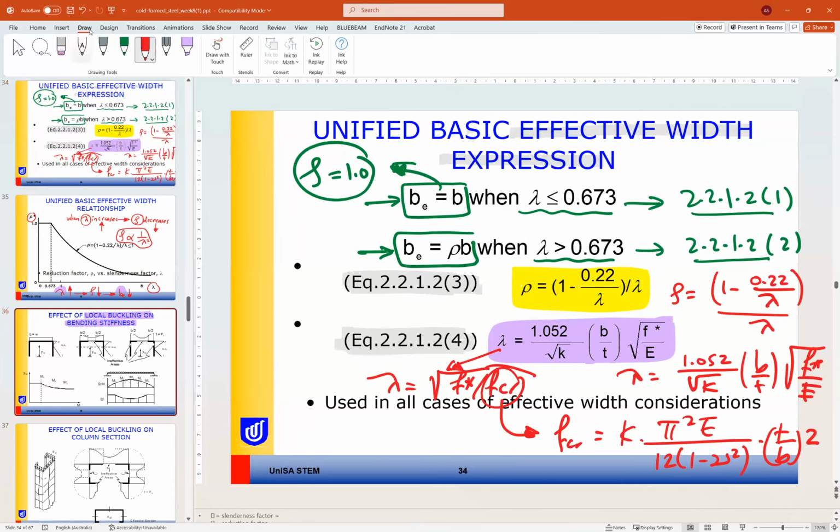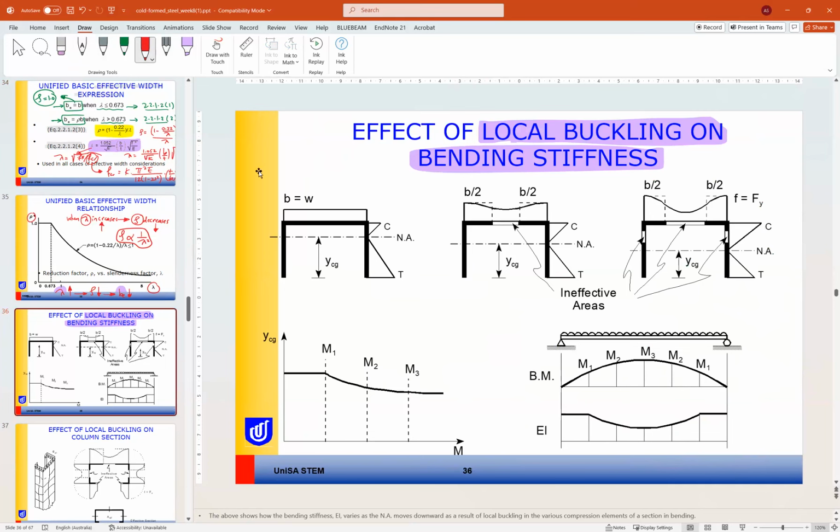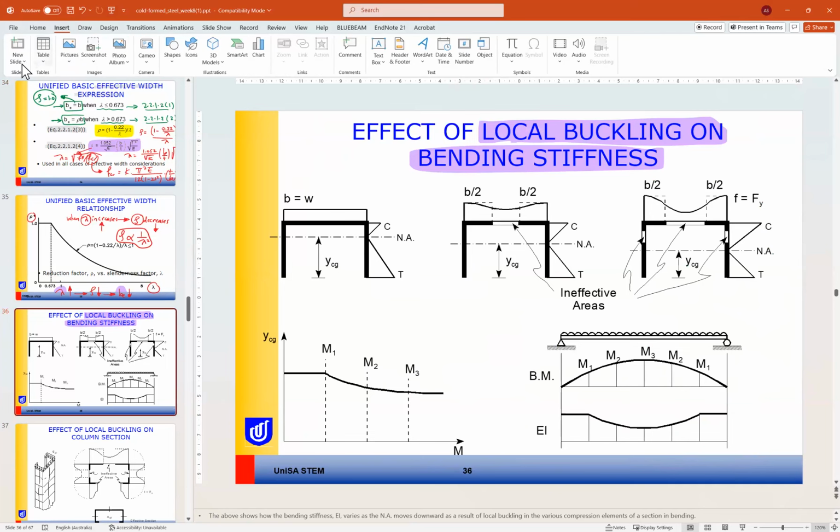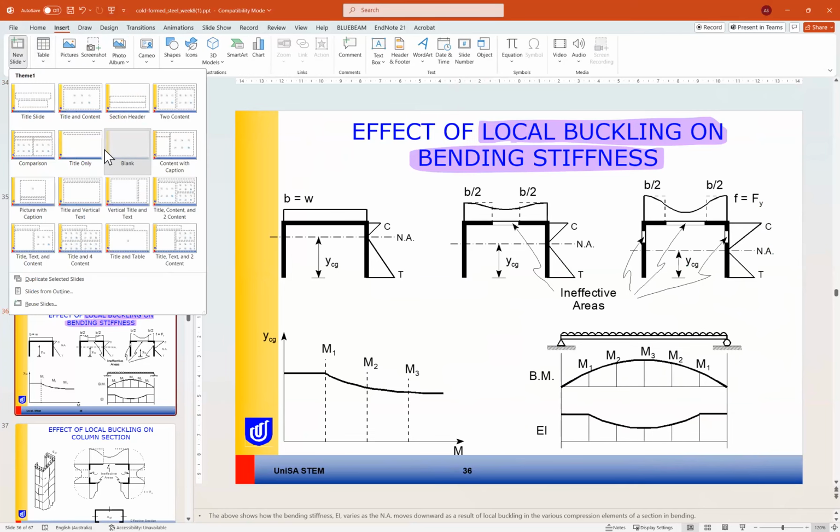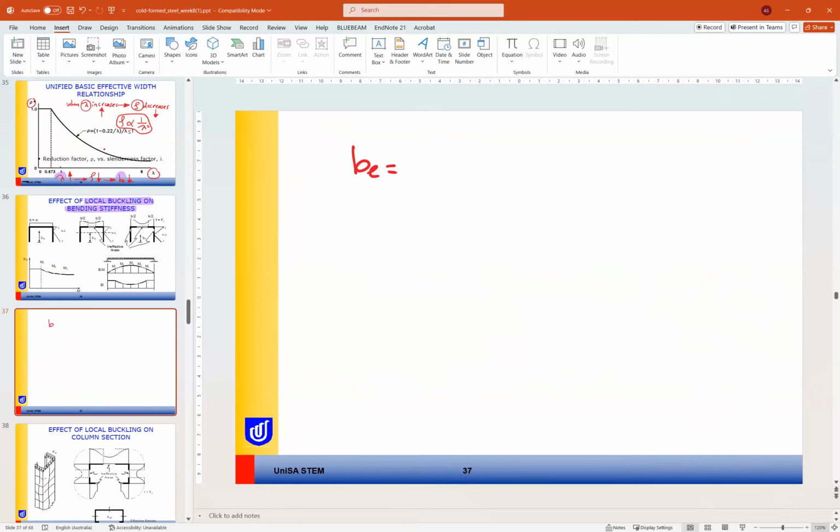Do you know what we will do with it? B effective equals rho B, where rho is a reduction factor less than or equal to 1.